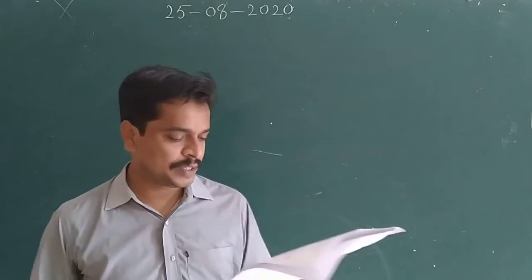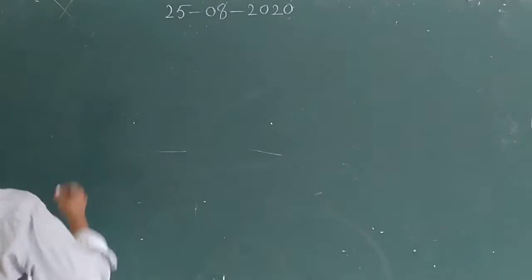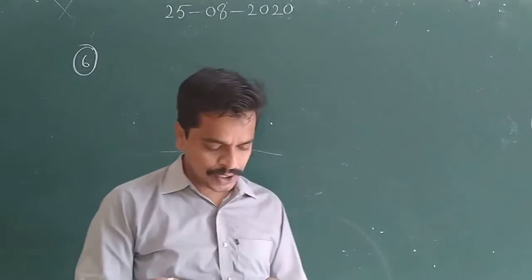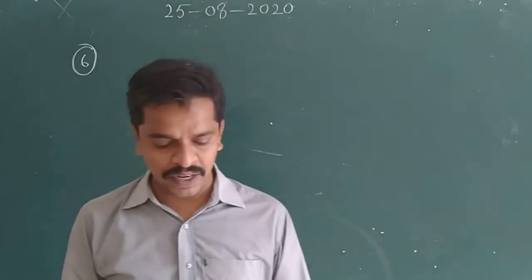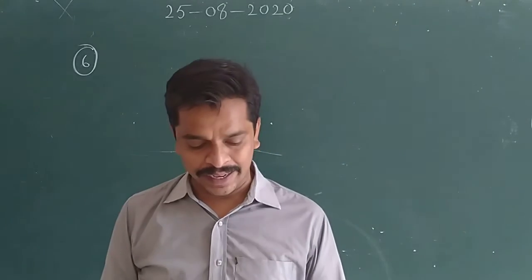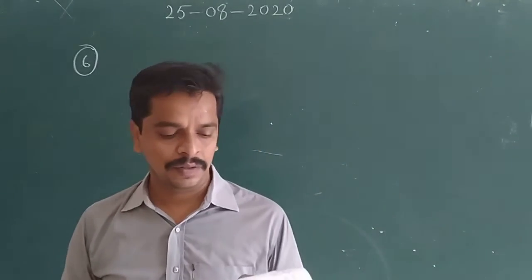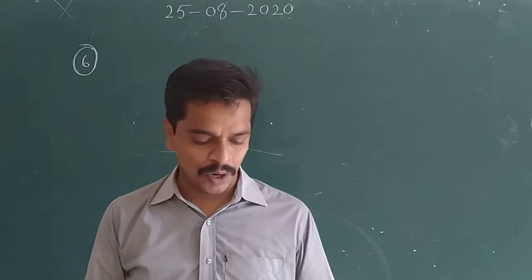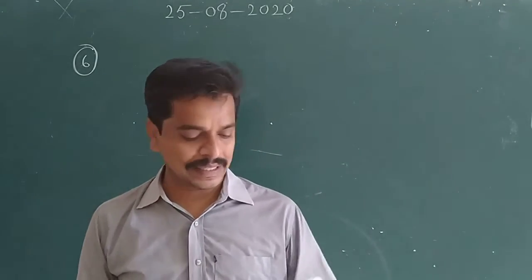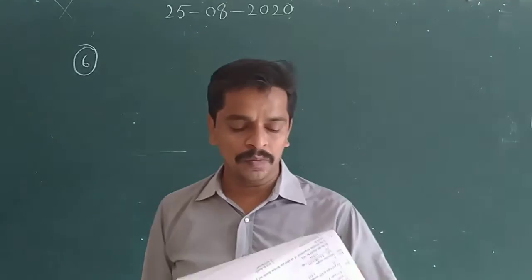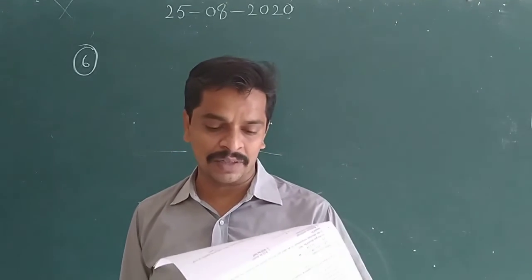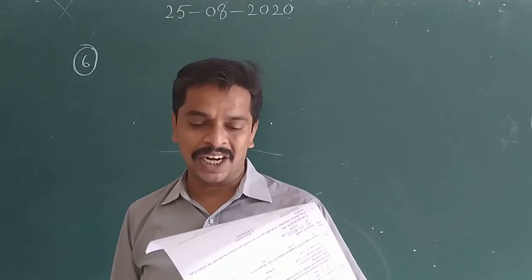Question number 6, students. 380 ml of gas at 27 degrees and 800 mm of Hg weighs 0.455 grams. Then what is the molecular weight of the gas? Listen, students, volume is given, pressure is given, temperature is given and weight is given.